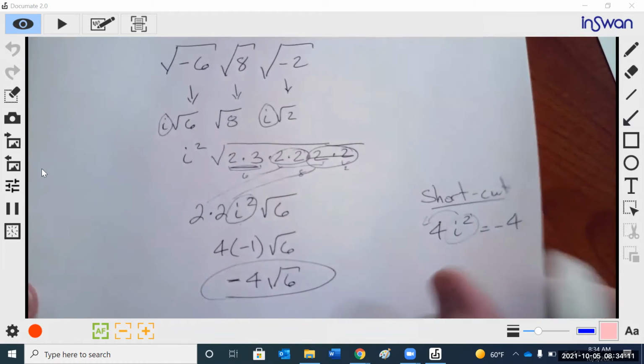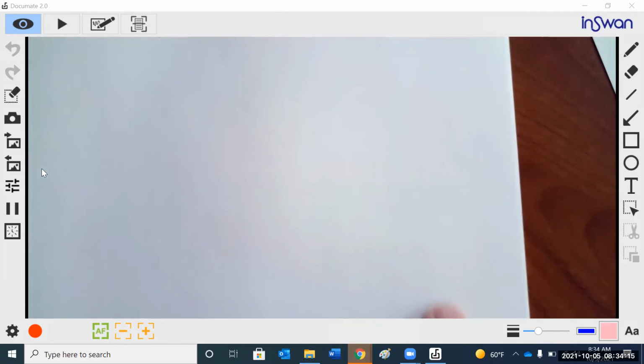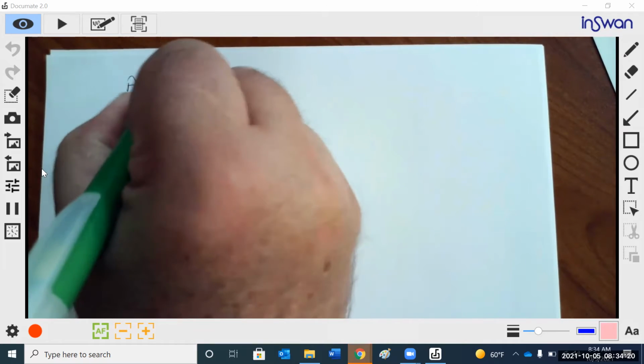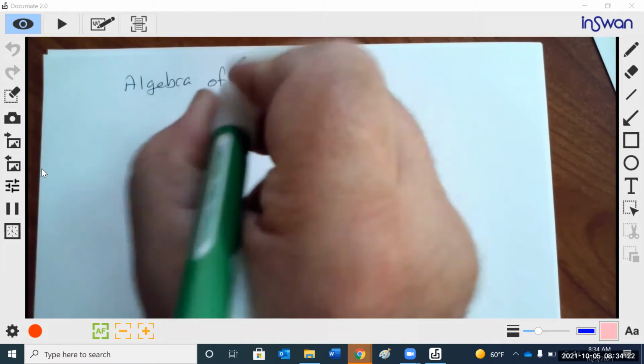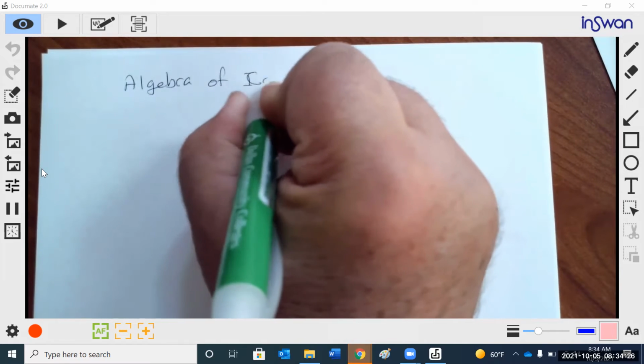Let's look at the algebra now, the algebra of complex numbers.